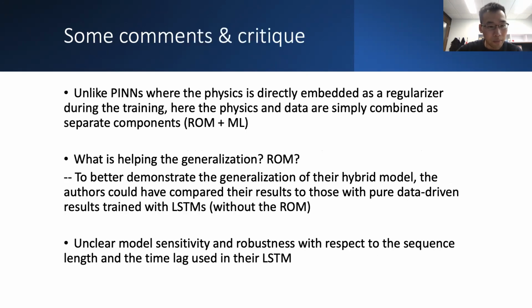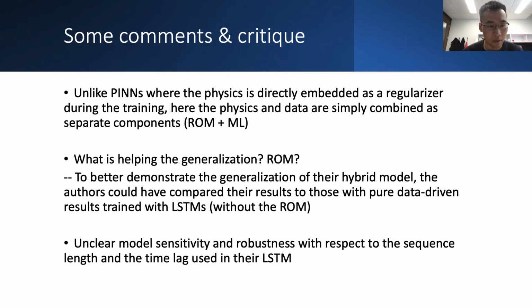So I have some comments and critique, and I would welcome more. Basically, I think their approach, unlike PINNs, for example, where the physics is directly embedded as a regularizer during the training, combines the physics and the data in a more separate manner, I would say. And I was asking, what is helping the generalization? Is it because they are using the reduced order model?